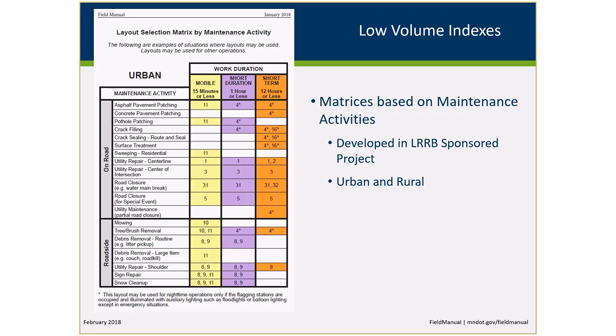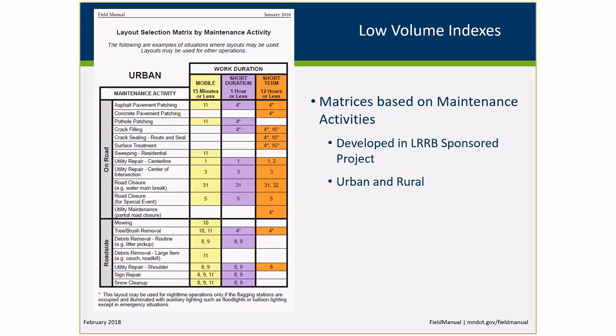In addition, we have a couple of indexes in this section. We've got the typical index that people would use to find the layout to use for whatever activity they're doing. But this low volume index is going to be used a little bit more by townships and others who don't have as many layouts that they need to be aware of.